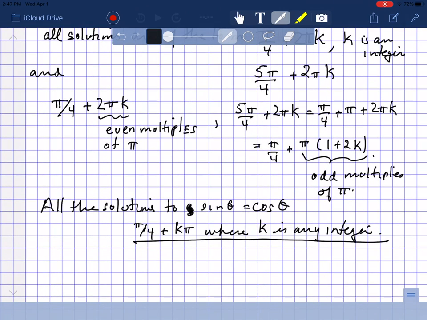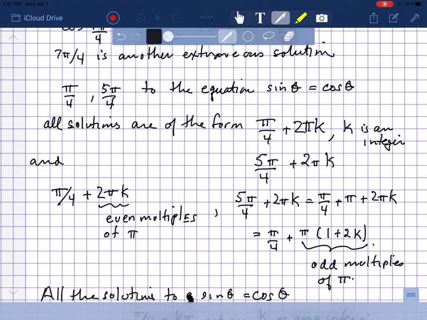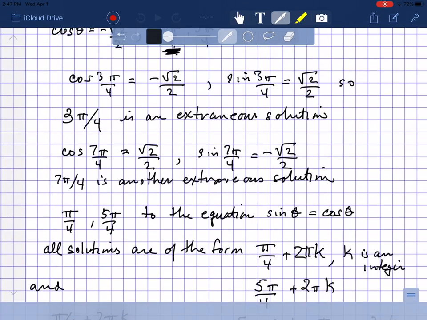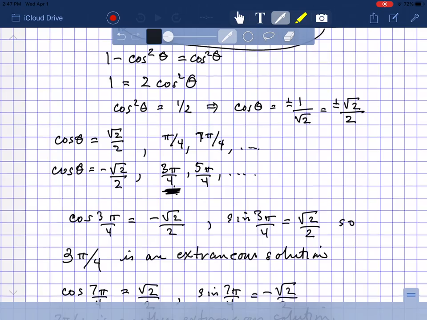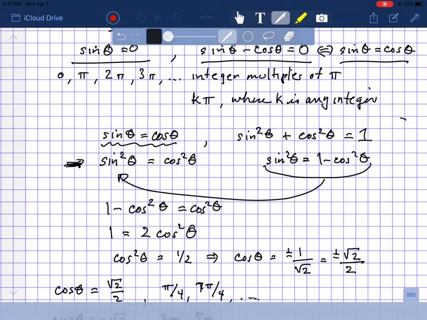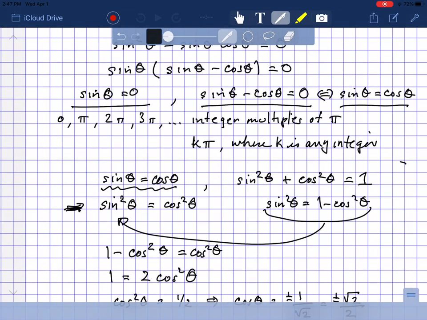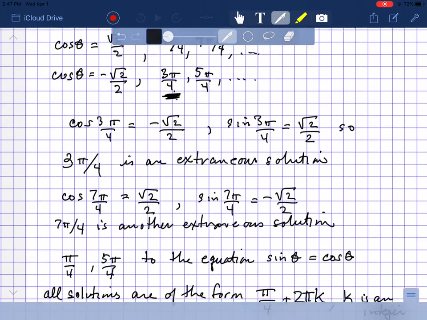All right. And then we also had the other solutions. What were they? They were the solutions to the equation sine of theta equals 0, and they're all of the form pi times k.